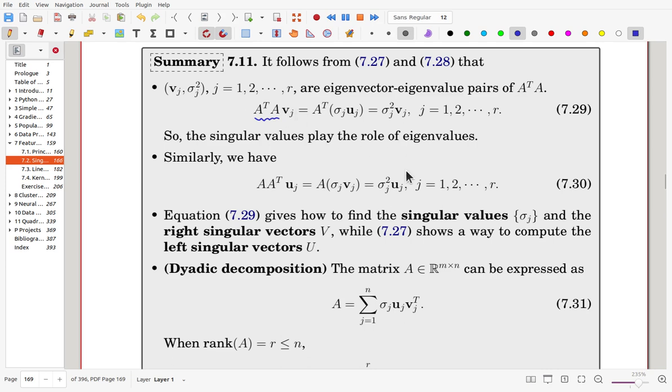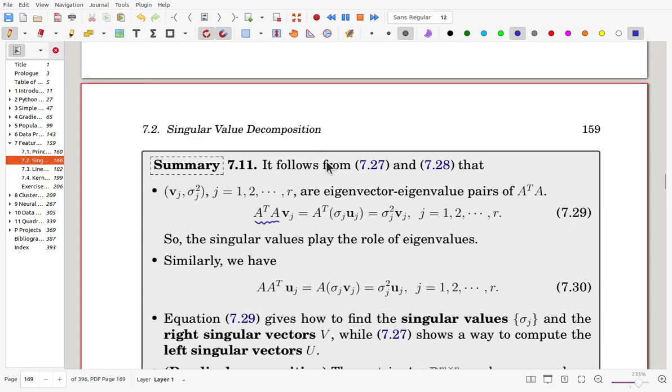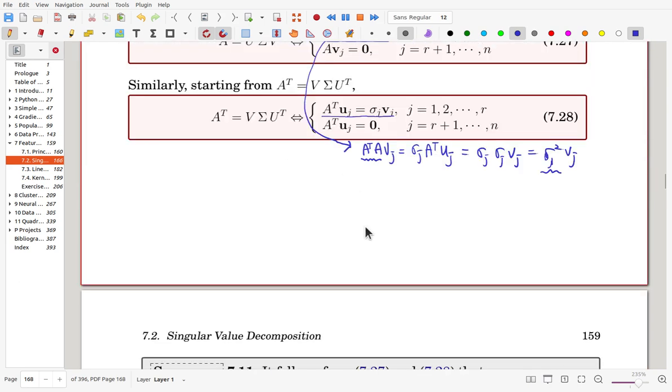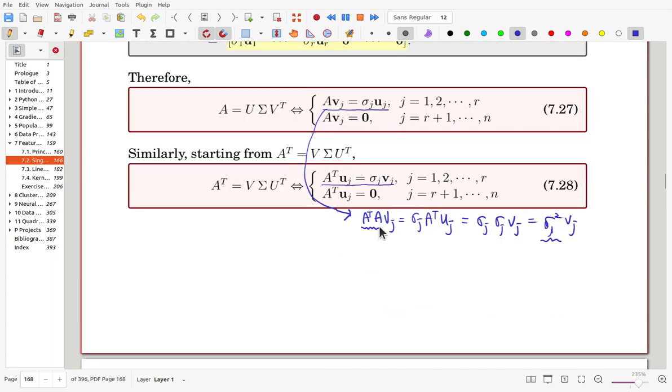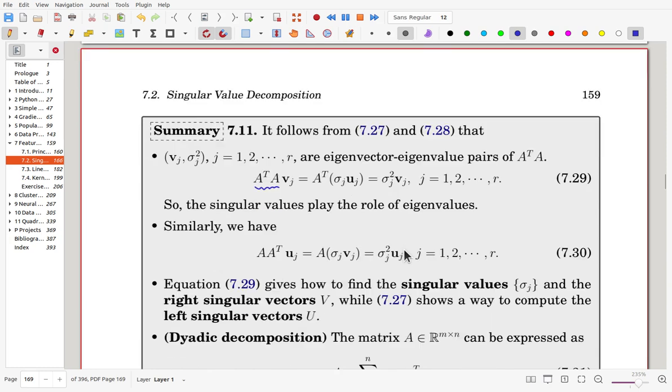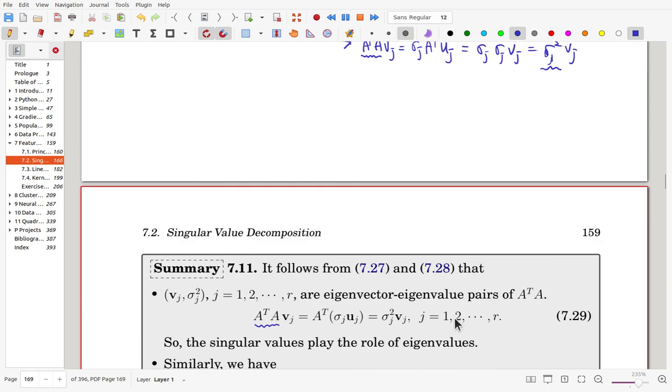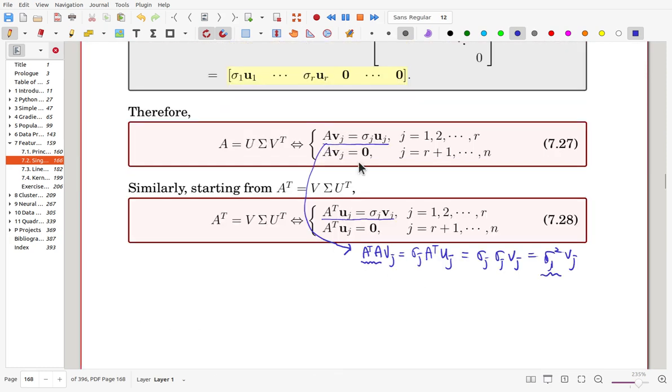And once sigma and V are found by finding eigenvalues and eigenvectors of A transpose A, then U can be obtained from here.